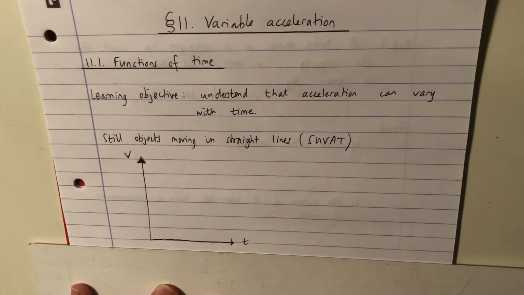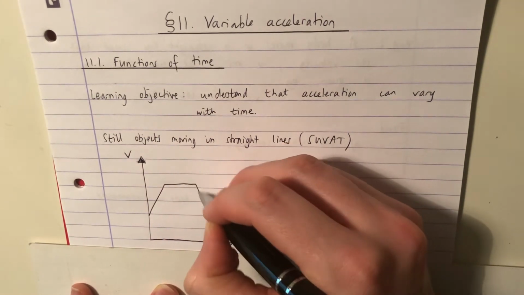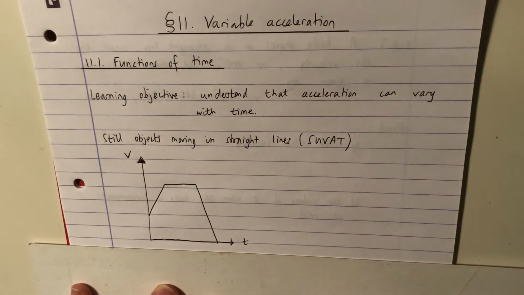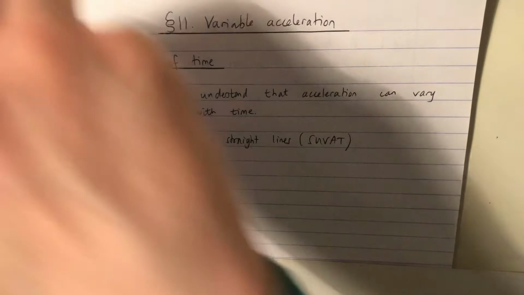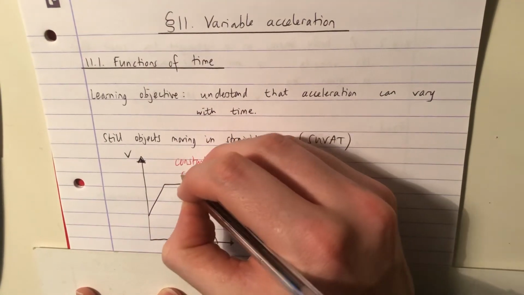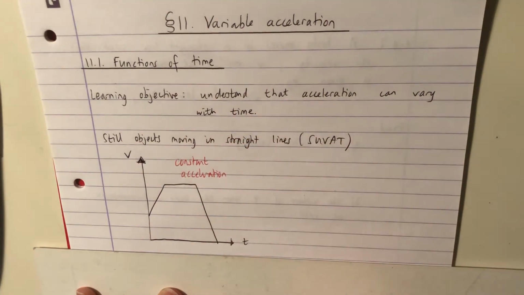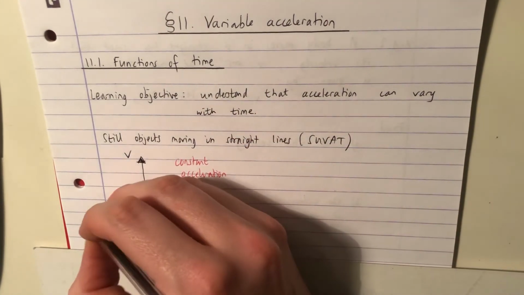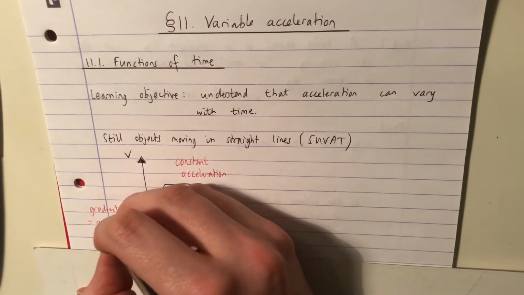So for Suvat stuff, we would have all straight lines, something like that. Okay, so all of this would be examples of constant acceleration. Gradient is equal to the acceleration.